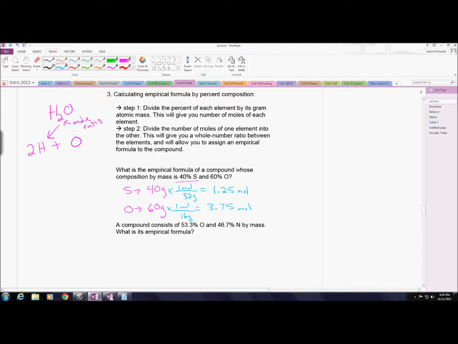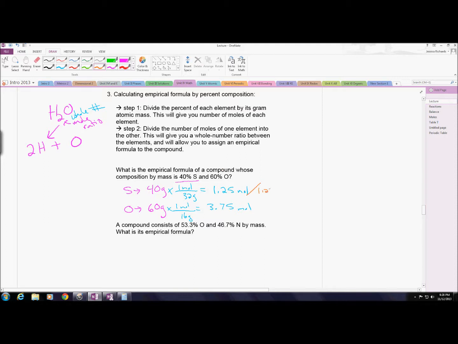But whenever we see a formula, no matter what the compound is, this is always a whole number mole ratio. We're not going to use fractions. So when you have these decimals and you want to get the lowest whole number ratio, we're going to do step 2. Find the smallest number of moles, divide all of them by that number.